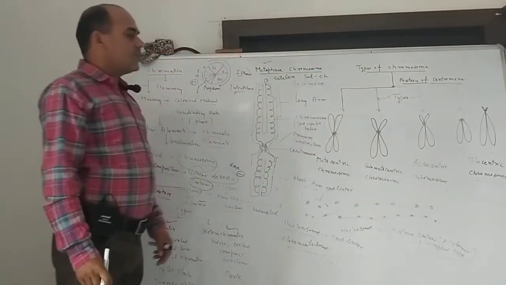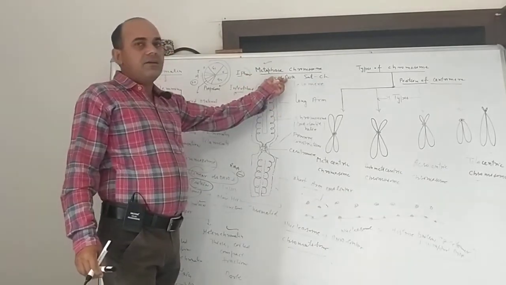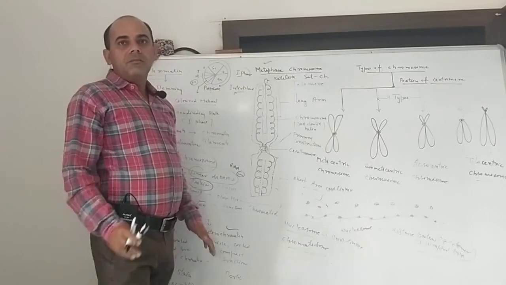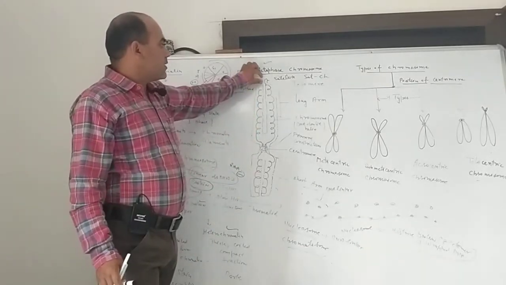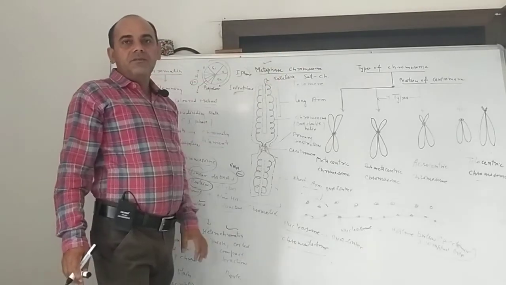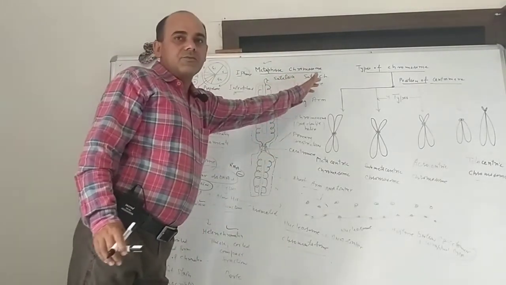The one word given in your NCERT is satellite. This satellite also behaves like a marker. That portion of the chromosome beyond the secondary constriction is called the satellite. Such a chromosome having a secondary constriction is called a SAT chromosome.